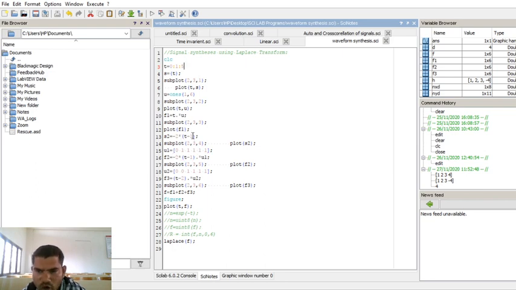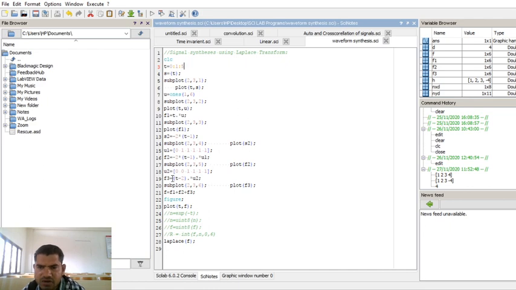Whatever that output is, it is multiplied with u1, element to element multiplication. That output we plot in subplot 2 comma 3 comma 5, the fifth position. That is f2.